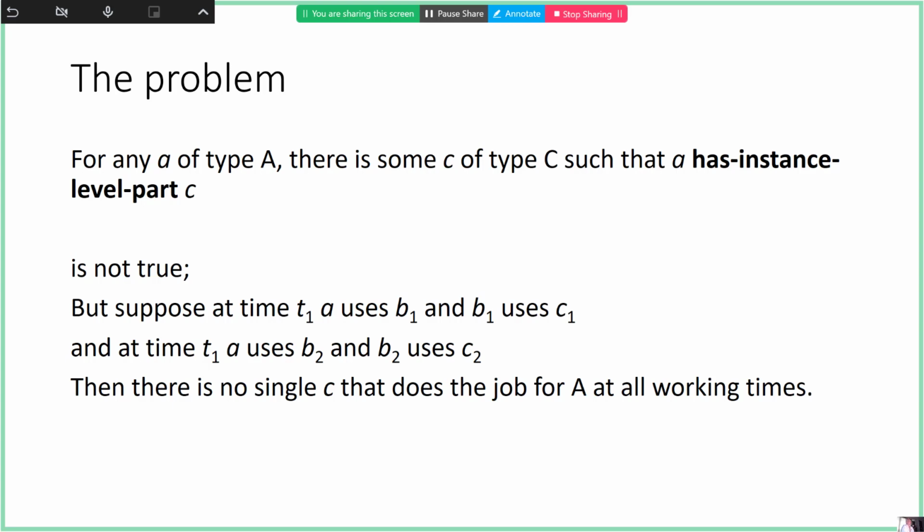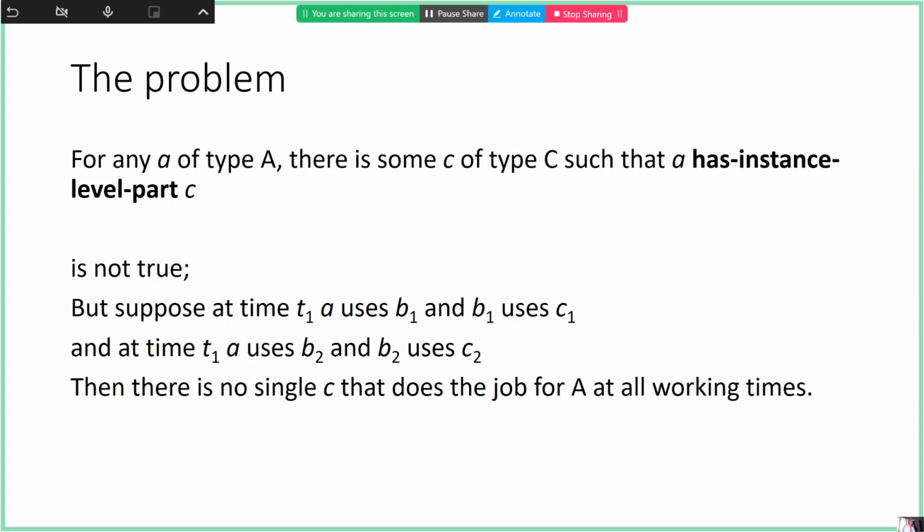And this is not in general true, because we will change gadgets in A at regular intervals, and we will change widgets in those gadgets at other regular intervals. And it's very unlikely that there will be a single widget which sticks with the machine A from the beginning of A's existence to the end of A's existence.